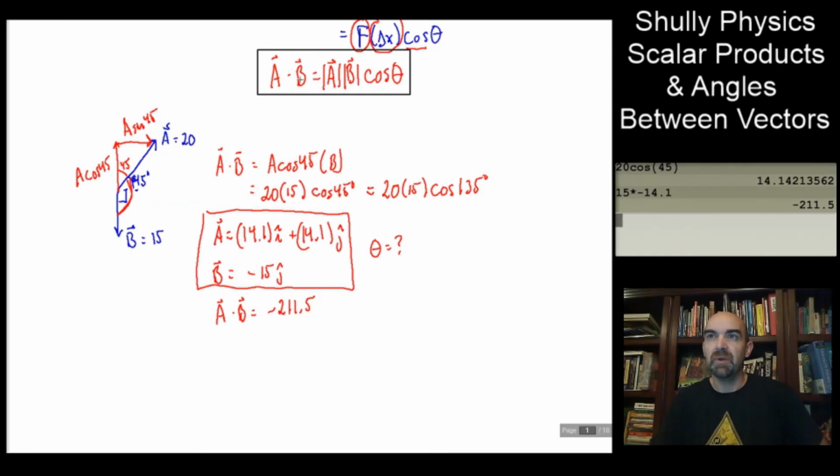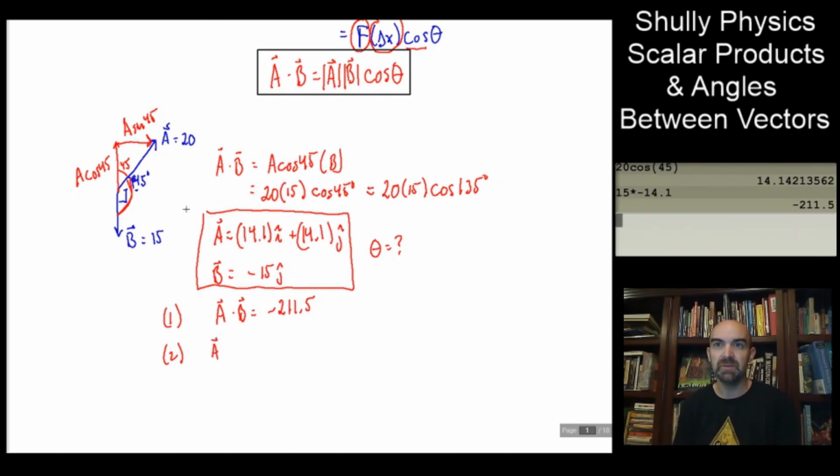If we know the dot product and we know the magnitude of A and B, then can't we figure out what the angle is going to be with the inverse cosine? So that's the formula for figuring out the angle between two vectors. If you have A and B defined, what's the angle between them? So first you find the dot product, put that as step 1. Step 2, what's the magnitude of each one?